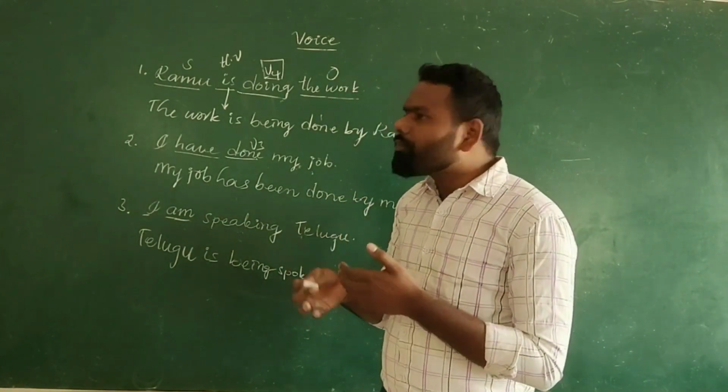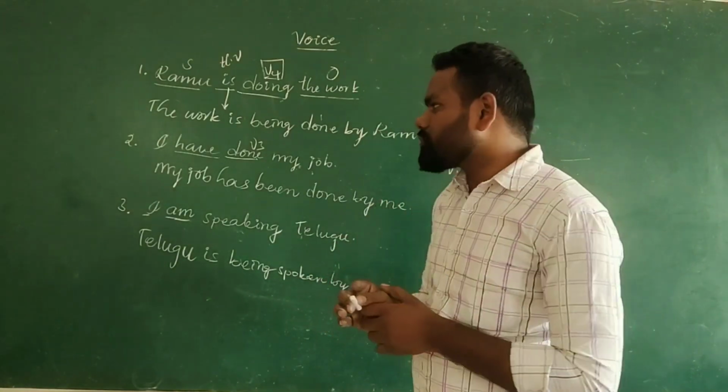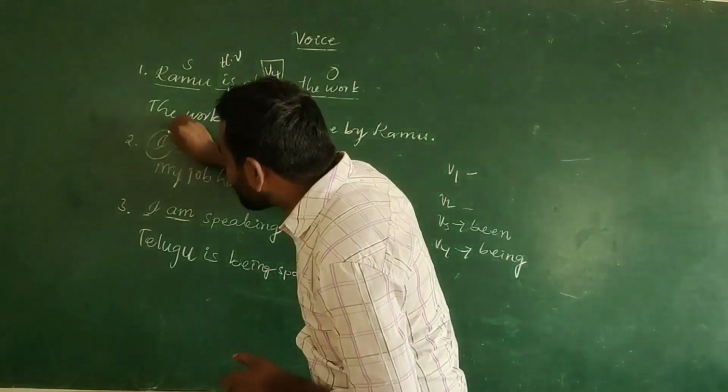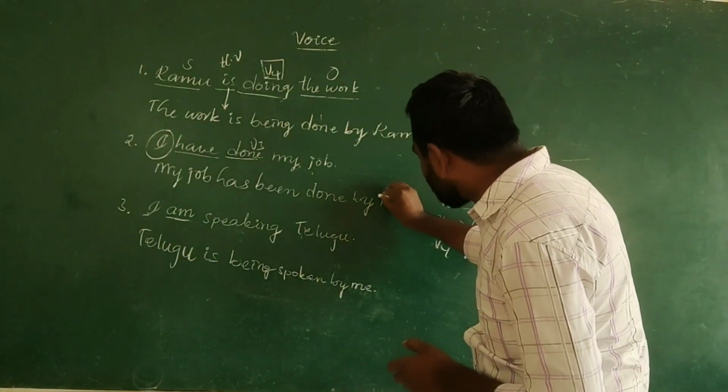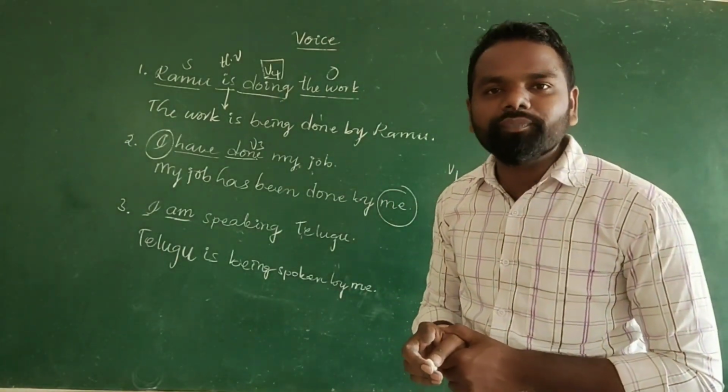Still, we should know more about that. When we are changing active voice to passive voice, maybe some have a doubt. Here it is I, but when I change it to passive, I write me. How can that be changed?